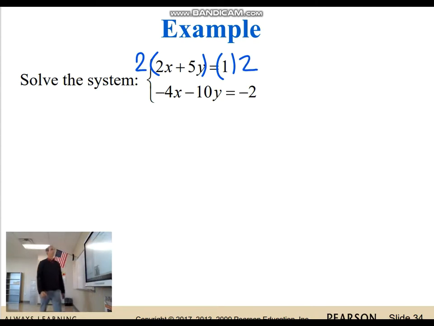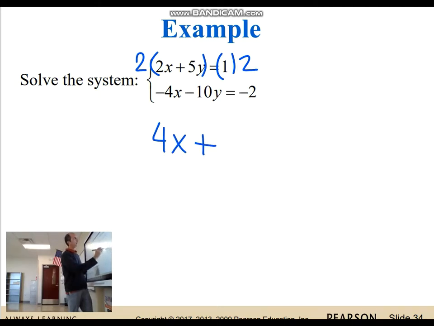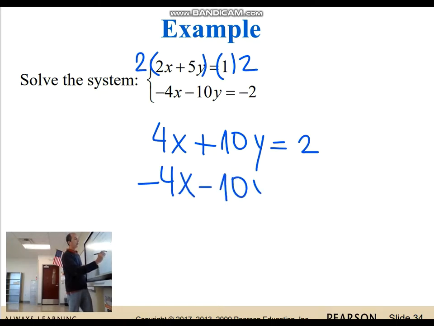Let's multiply the first equation by 2 and try to apply the elimination method. If we multiply 2 times 2x, 4x, 2 times 5y, 10y, and 2 times 1, 2, the next equation, negative 4x minus 10y equals negative 2.